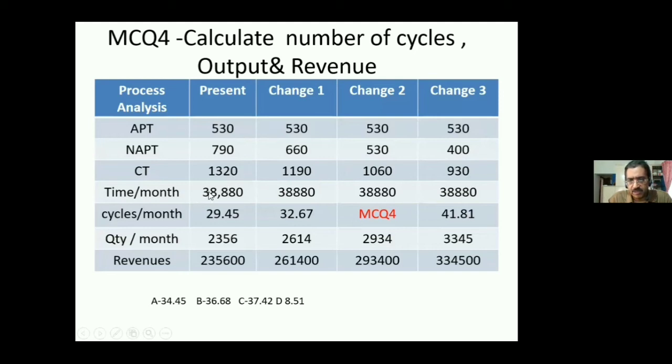The time per month is unchanged. Cycles per month increases from 29.45 all the way to 41.81. I have asked in MCQ 4 here, what is the cycle time? I changed 2 cycles per month.